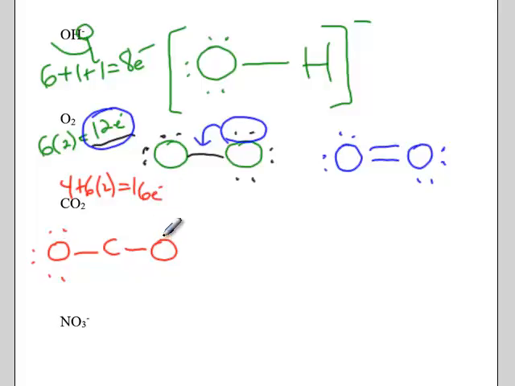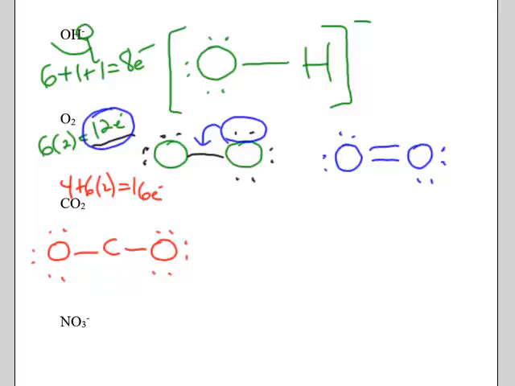We can satisfy the oxygen on the right with number 11, 12, 13, 14, 15, and 16. So both oxygens are satisfied. However, the central carbon is not satisfied because it only has 4 electrons around it. And it needs to have 8.